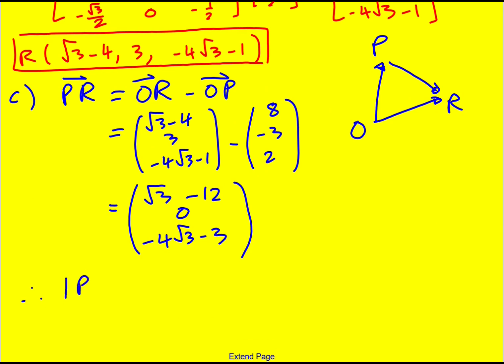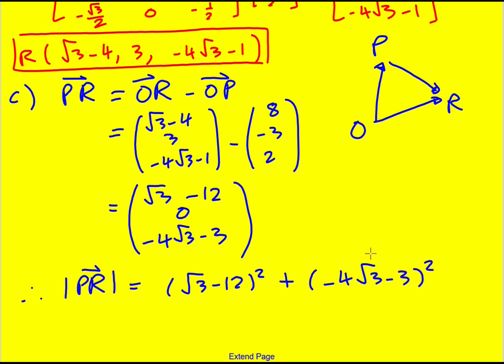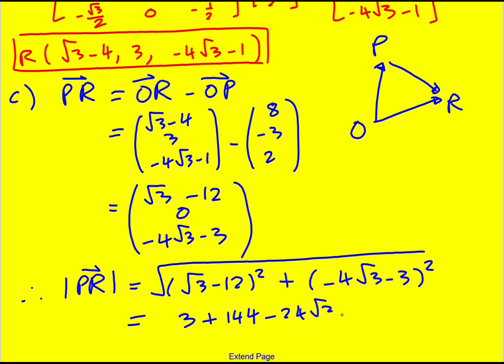Okay, so therefore the modulus of the magnitude is actually just going to become 2D Pythagoras, (√3 - 12) squared plus (-4√3 - 3) squared, square rooted. You need to do this by hand. If you put this in your calculator, it will give you a decimal. So we're going to be root 3 times root 3 plus 12 times 12. Then it'll be minus 24 root 3.